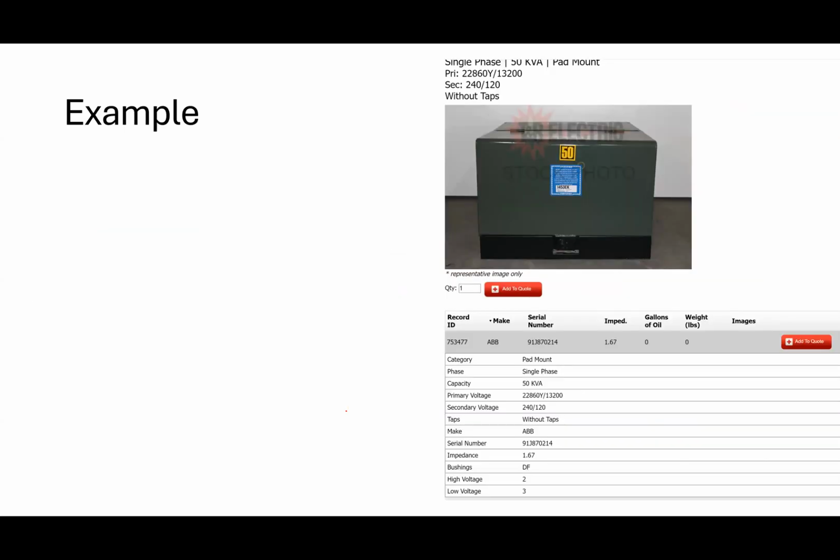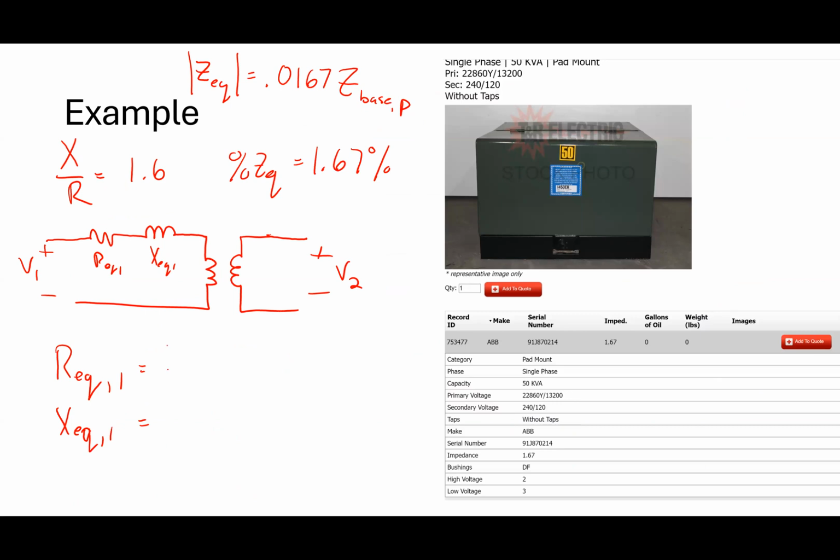So REQ1 would be whatever I get for the actual ZEQ up here, multiplied by the cosine of the angle, which we said was the inverse tan of 1.6. And then same for XEQ, except what would I use for XEQ? Sine, yeah.